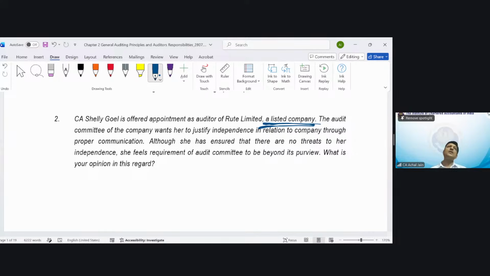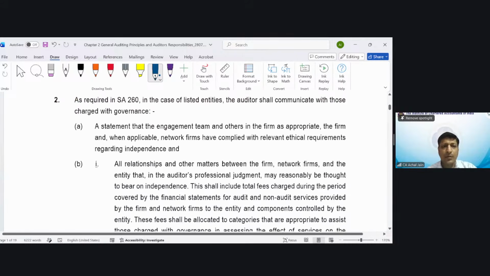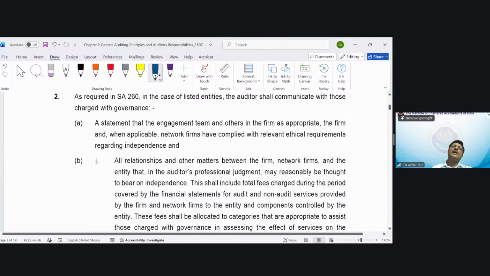It's all about understanding what the audit committee needs to have, and what the auditor needs to provide to the audit committee. Now, as required in SA 260, in case of listed entities, the auditor shall have a communication with TCWG. Now, what is that communication?